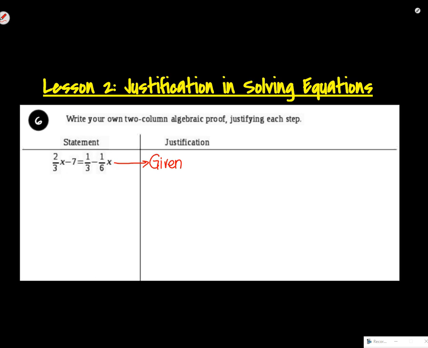Okay? So I'm going to work on getting rid of these fractions. What I want to do is multiply both sides, so I'm going to put both sides in parentheses. I want to multiply by the largest denominator, probably something that will work out with the other denominators. Notice I have a 3 in a denominator, a 3 in a denominator, and then a 6.